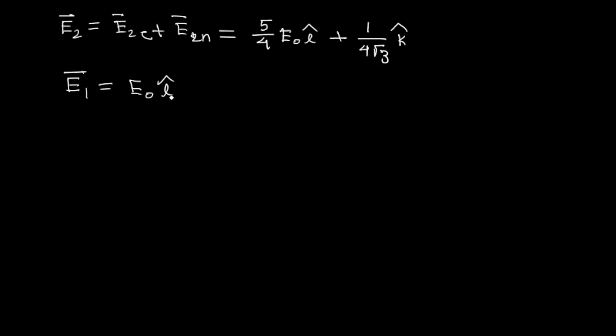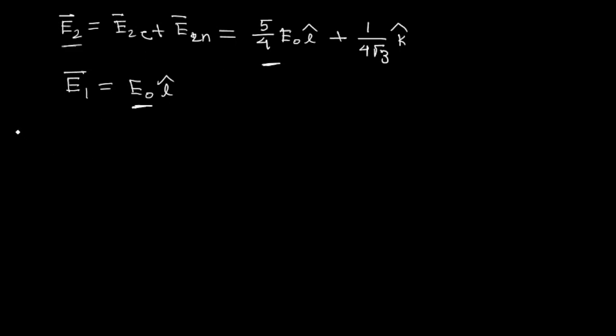So the orientations of these two electric fields will not be parallel to each other, so there will be some angle between them. Now we have to calculate this angle. The initial electric field was parallel to the x-axis. So once we calculate how much angle the second electric field makes with the positive x-axis, that will be the angle between these two vectors.